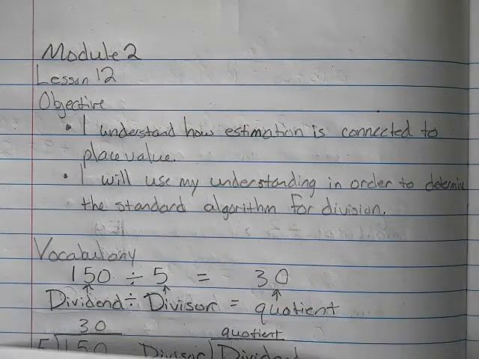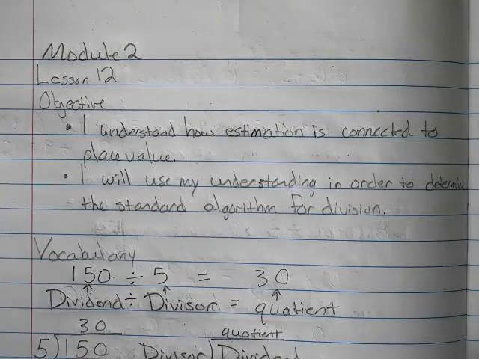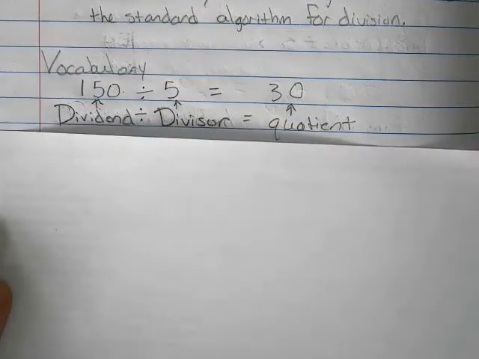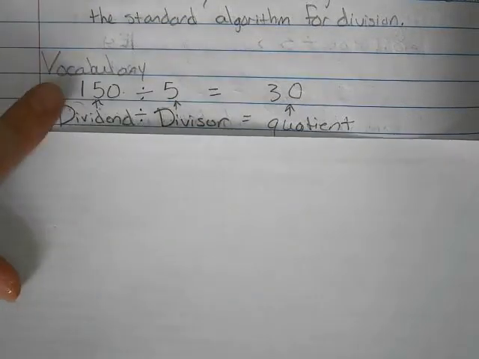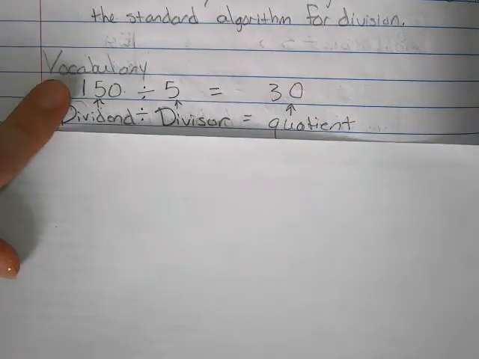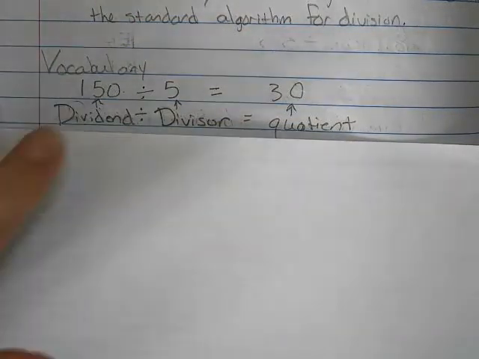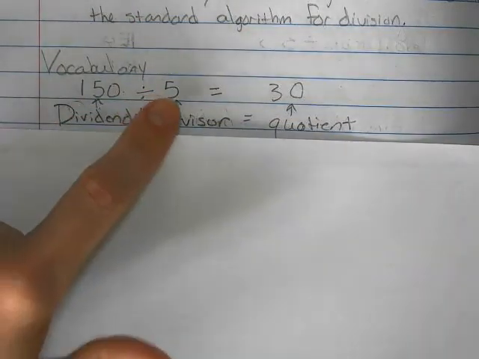So first of all, let's review our vocabulary for division. If we have this equation, 150 divided by 5, it equals 30. Now, the dividend is our number that's going to be divided, or the number that needs to be broken into equal pieces. And it's divided by 5. 5 is my divisor.